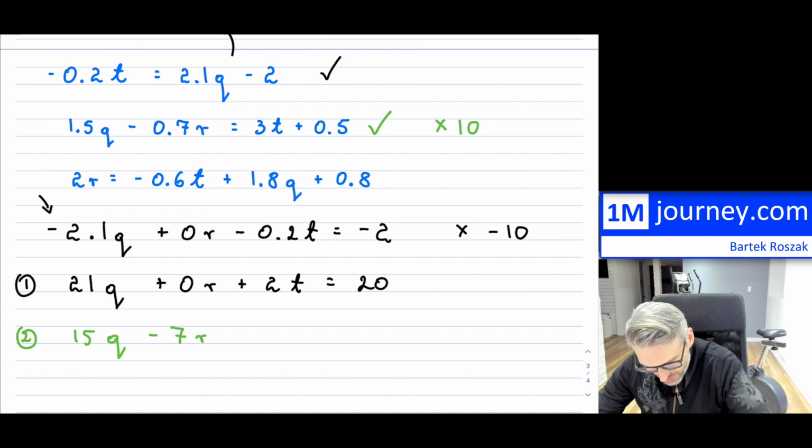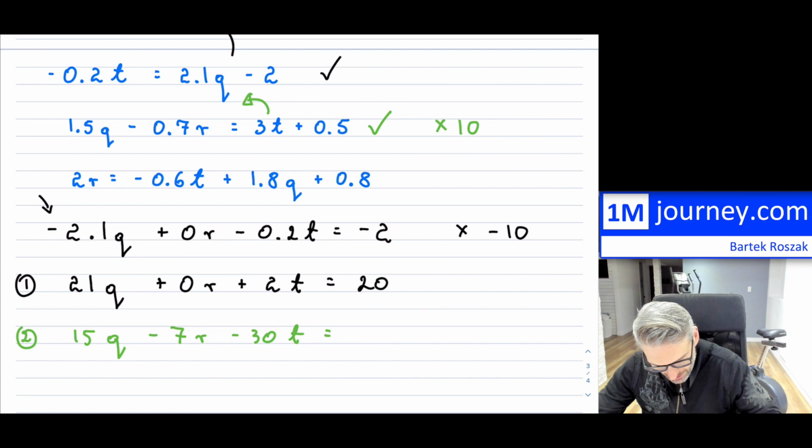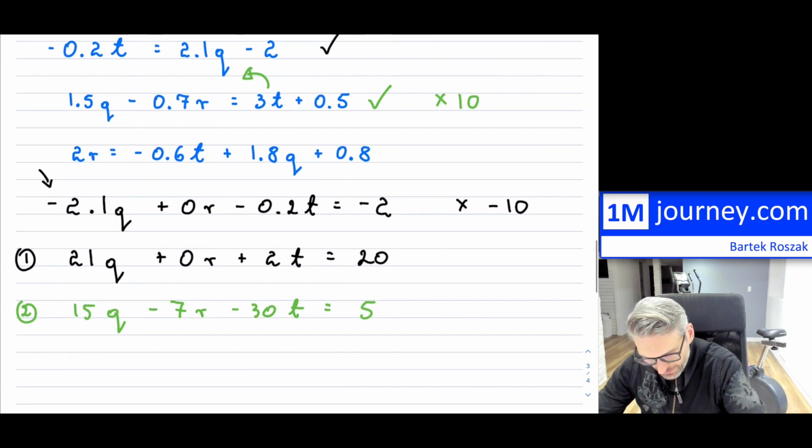And then this 3t, I'm going to bring over to the other side. It's going to be negative 3t, but it was multiplied by 10, so negative 30t, and is equal to 5. Now for the third one, again I'm going to multiply by 10. So this is going to be my third one. My q, if I bring it over, that's 18.